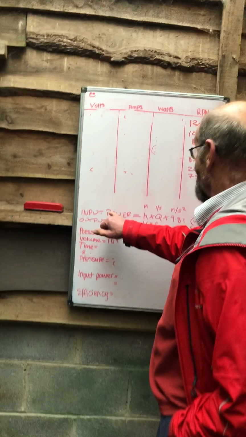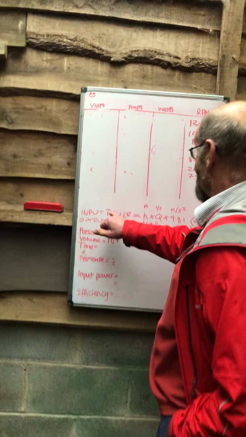Now the units we're using here, because it's easier to work it out, are a head in meters. You might have it in kilopascals, but there is a relationship. You could have it in bar, which is what the meter is reading. Big difference is the flow rate here. You will have a mass flow rate.